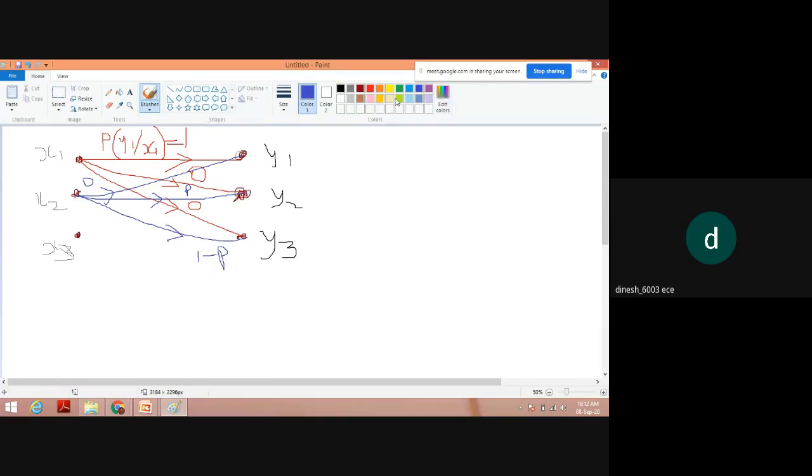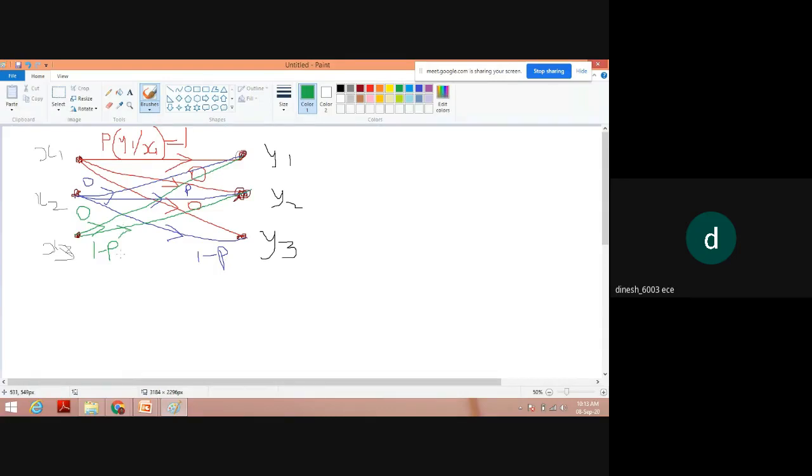Now let us draw for x3. Okay, so P of y1 over x3, I'm drawing in green color, which is 0. Then P of y2 over x3 in green is 1 minus p.